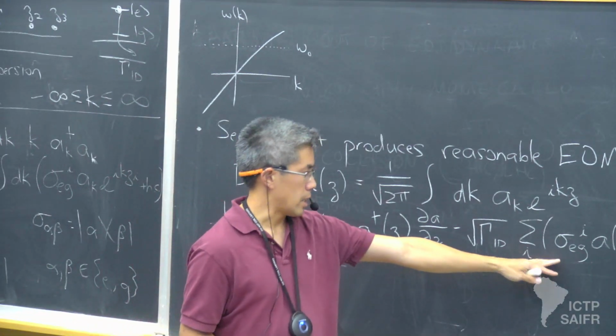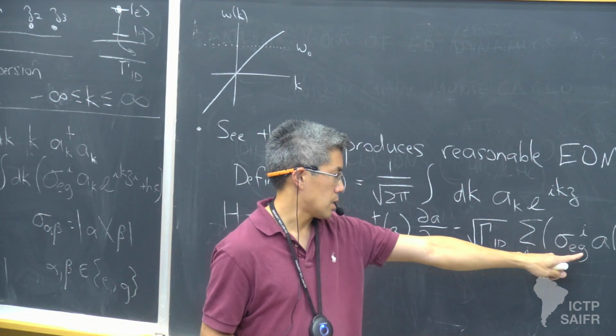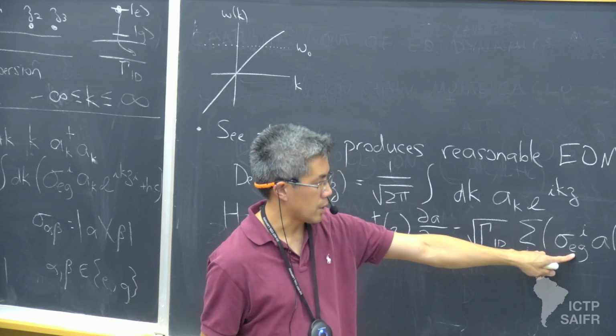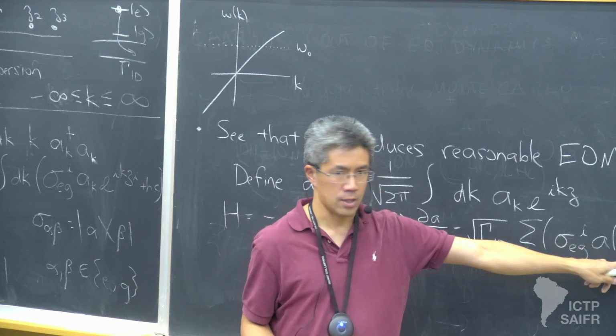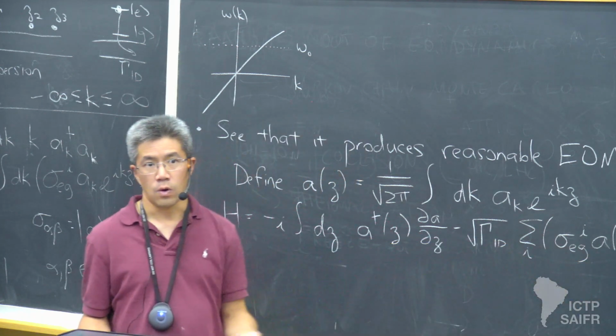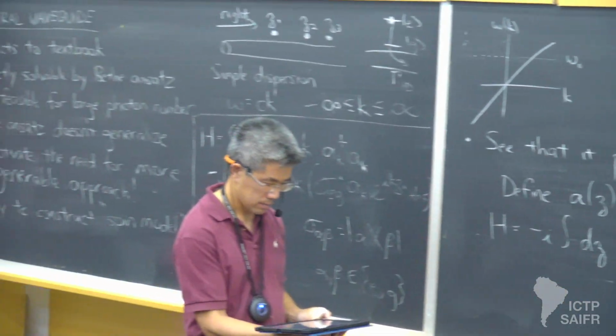So this term here now says that in real space, an atom i can go from the ground state to the excited state by absorbing or annihilating a photon at its position z_i, or vice versa.